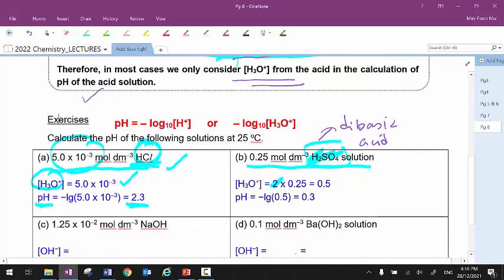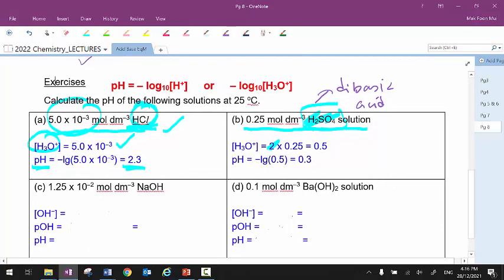Now let's look at the pH of alkalis. How do you find the pH of 1.25 times 10 to the power minus 2 mole per dm cube of sodium hydroxide? Sodium hydroxide is a strong base, and it's a monoprotic base.